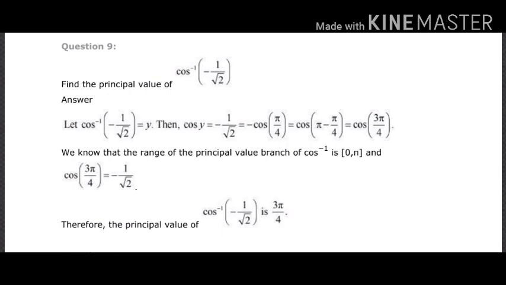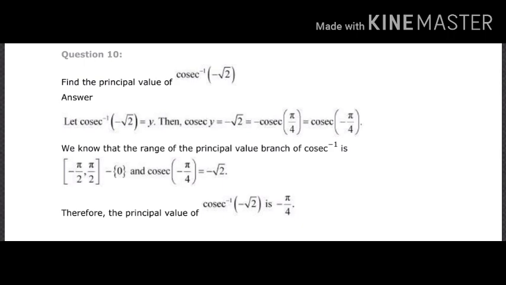We know the range of principal value branch of cos inverse is 0 to pi, and cos 3 pi by 4 is equal to minus 1 by root 2. So the answer is 3 pi by 4, as 3 pi by 4 lies in the interval 0 to pi. So this is the required value.